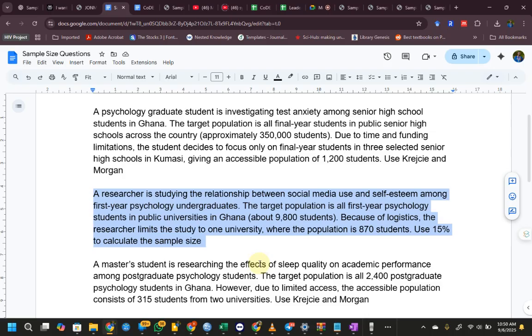Okay, so n equals 15 times 100 times 870. n equals 0.1 times 870 equals.